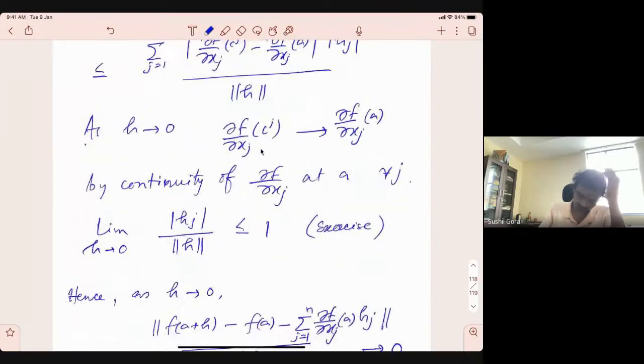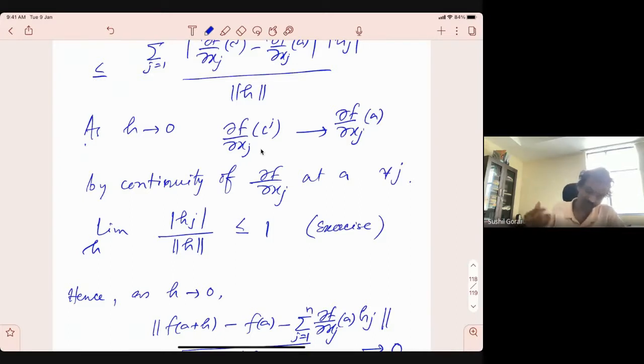Limit may not exist. For example, let's say h1 equal to 0, you look at other coordinates going to 0, you will get the limit 0.